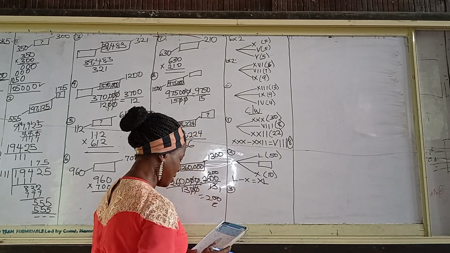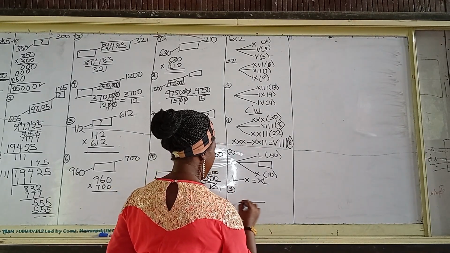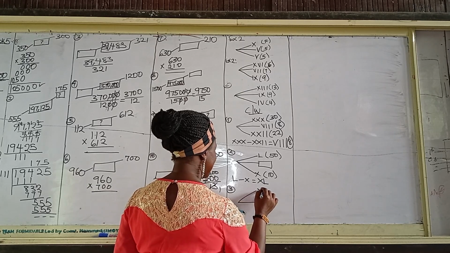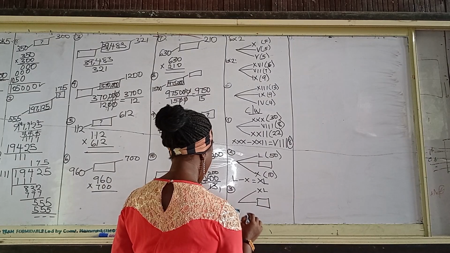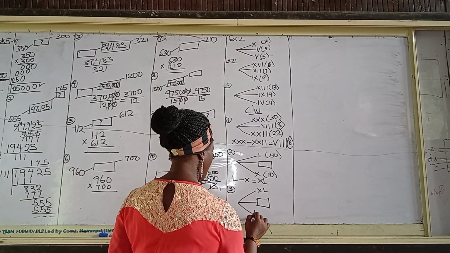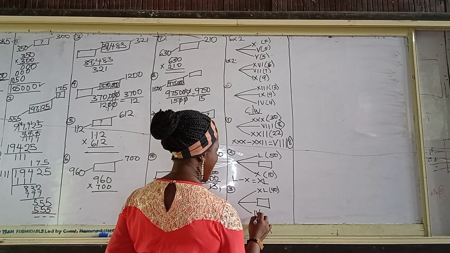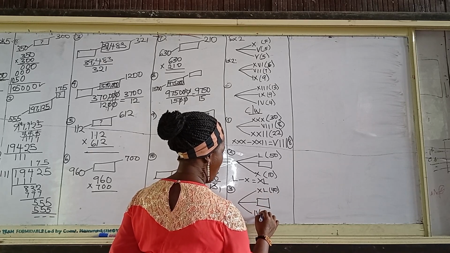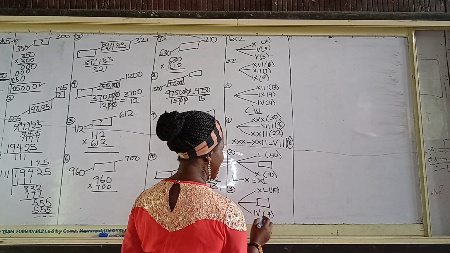Now to our number 3 question. We are given XL, this is not given, and we are given this. XL is 40. IV means 4, because 5 minus 1, so that is 4. So how do we get this?